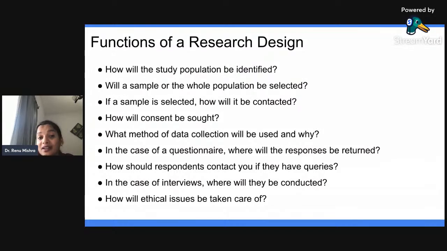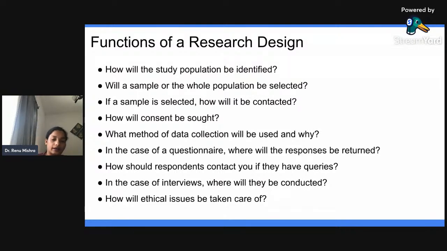And that comes under ethical issues. So all these things are guided by research design very well, and you'll have to take care. Plus there are certain universities which make sure that you take the consent of the participants, so that they are willingly taking part in your research.